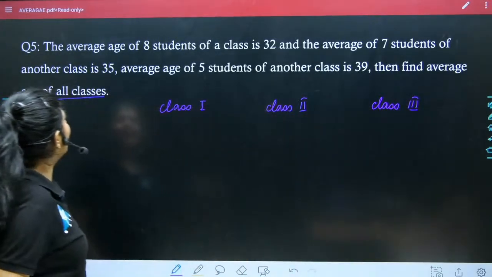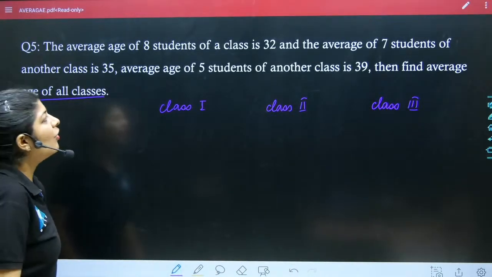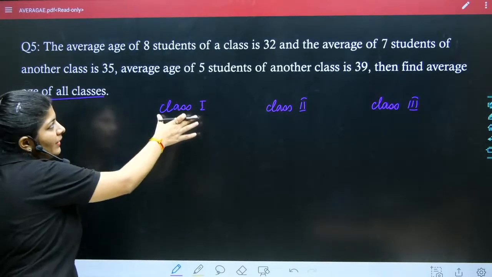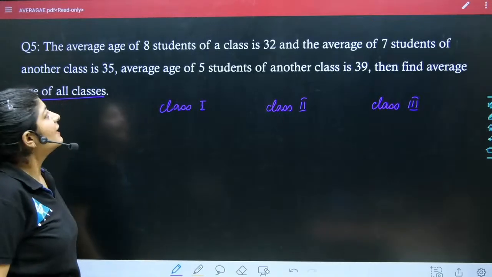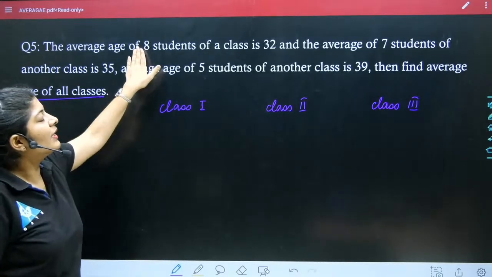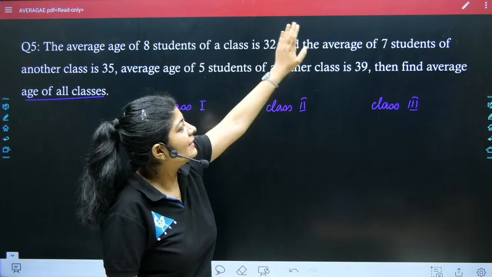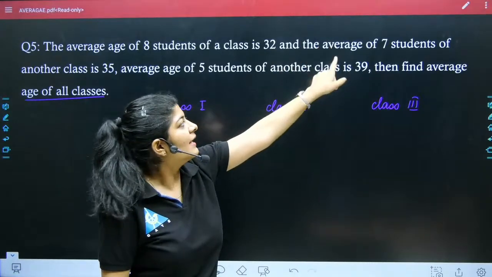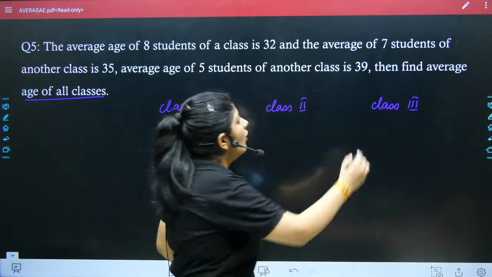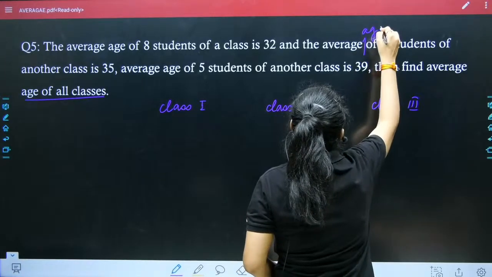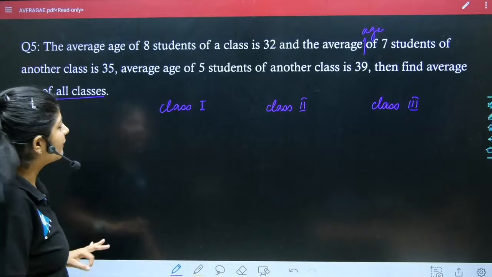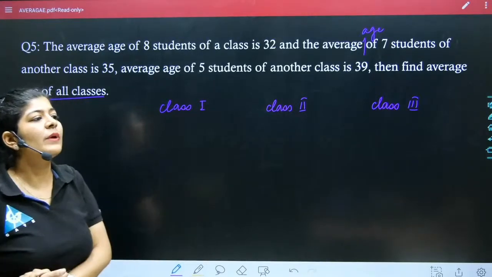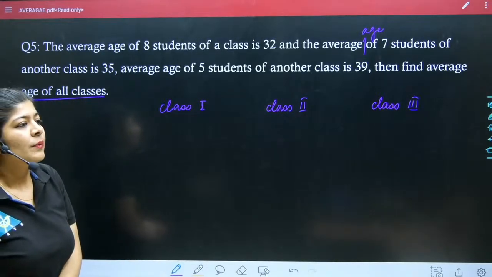It is given that the average age of 8 students of class 1 is equal to 32, and for the next class it is given that the average age of 7 students of another class is 35. Now what we have to do?